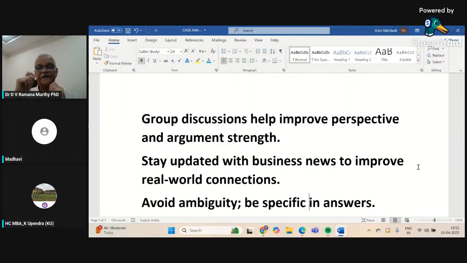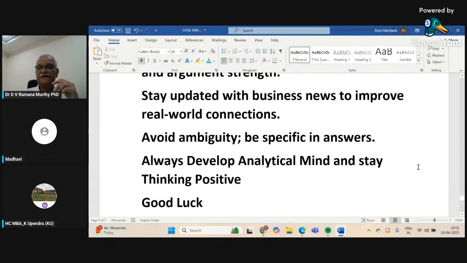Then stay updated with business news, especially if you're participating in interviews. Stay updated with business news to improve real-world connections. That's why I told you that you should be good at networking. Most of you do not have LinkedIn accounts. Immediately go and open LinkedIn accounts and start networking with peers.